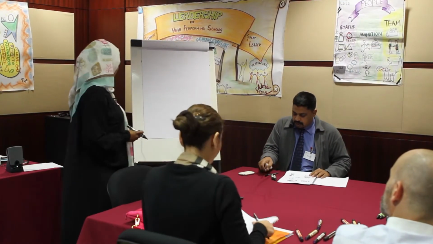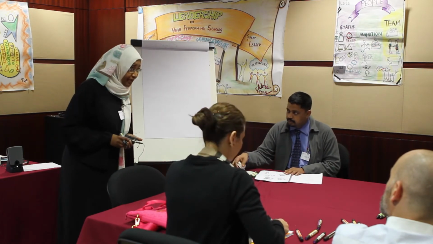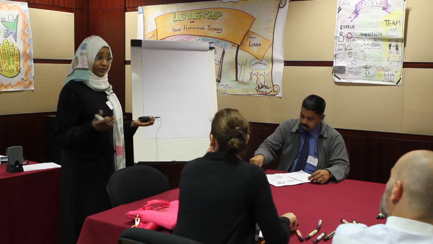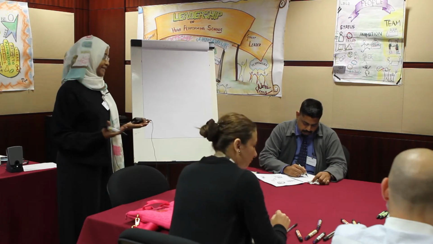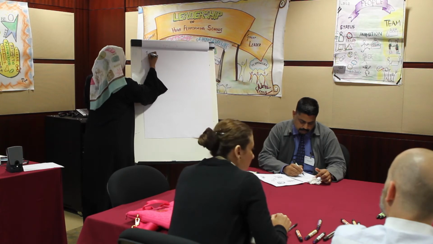Ladies and gentlemen, in this group, you will be learning how to draw people as individuals and groups, and you will learn how to draw different types of emotions. So we'll start with the people techniques, or how to draw people. We'll start with individuals.